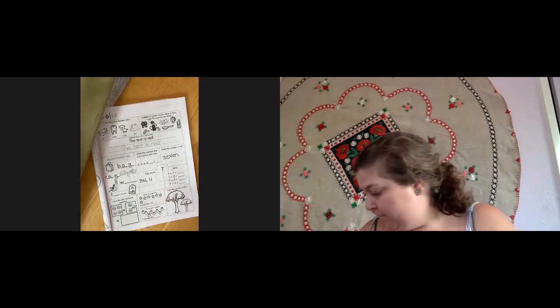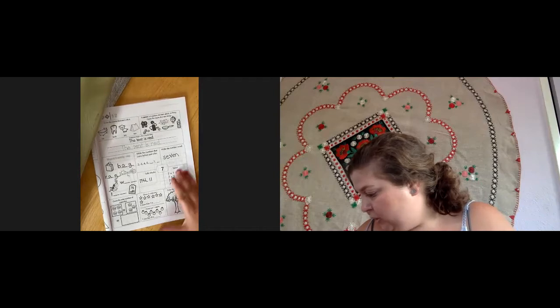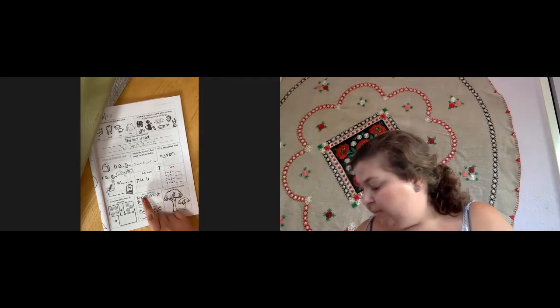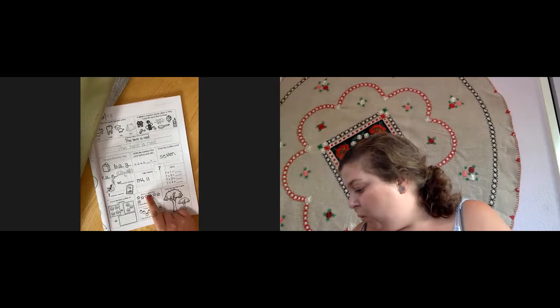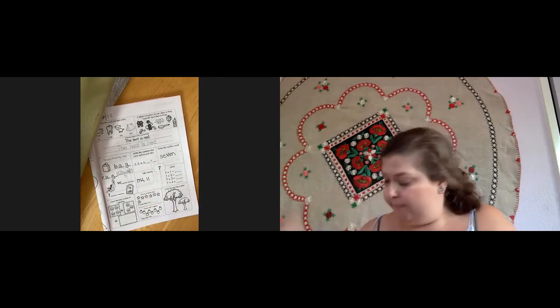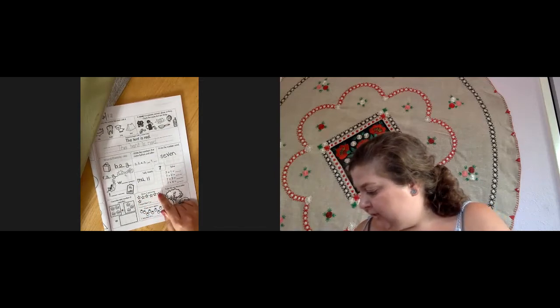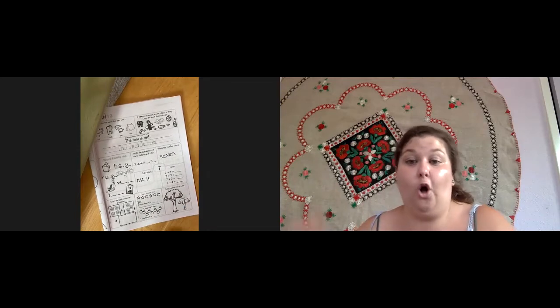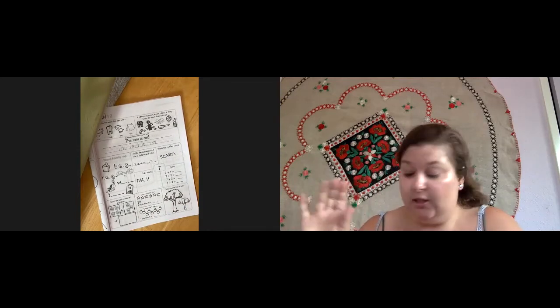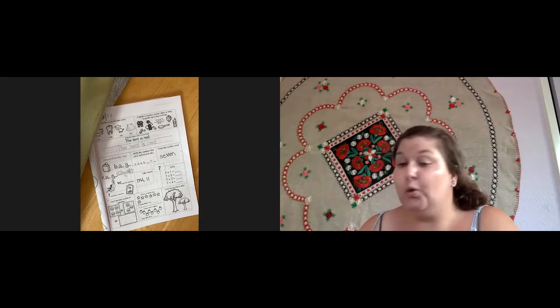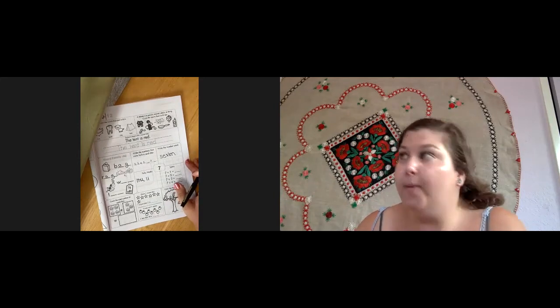Okay. This one looks like a new one that we haven't done before. Draw 1 more star. Okay. 1, 2, 3, 4, 5, 6, 7. So there's already 7 stars, and we need to draw 1 more.